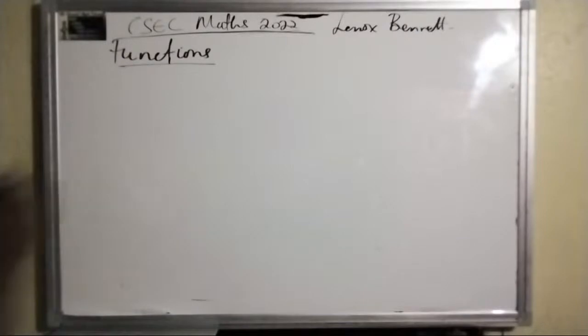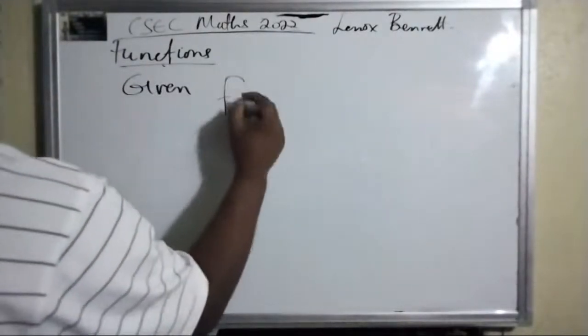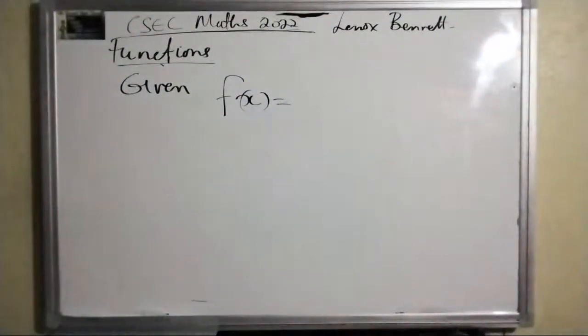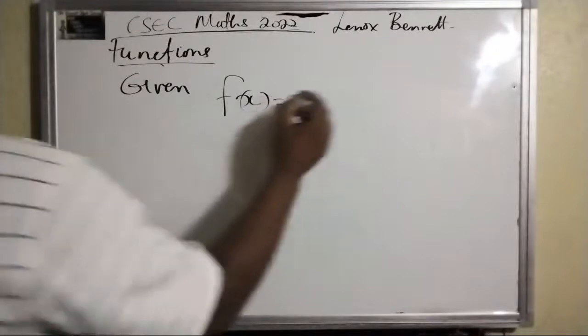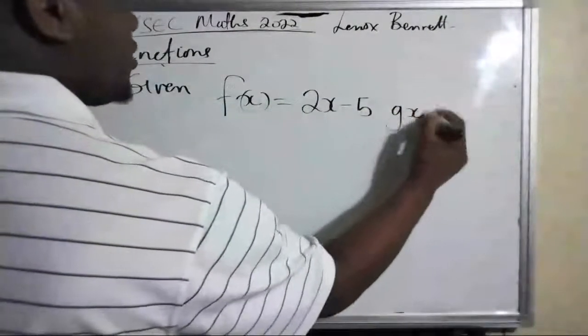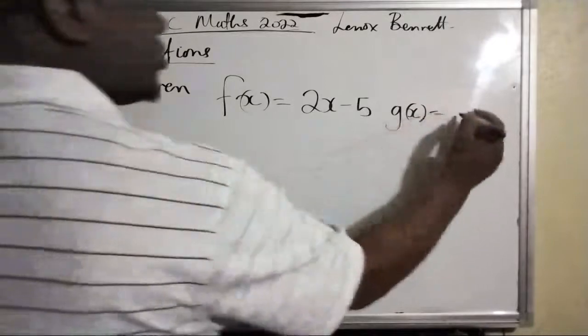So this one says, given f of x is equal to 2x minus 5 and g of x is equal to x squared minus 31.